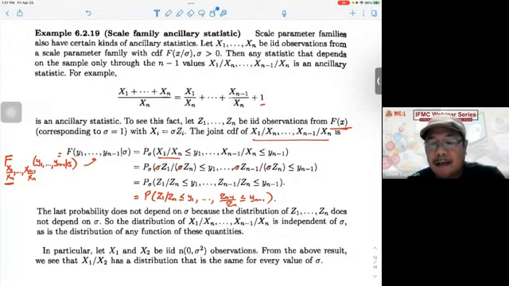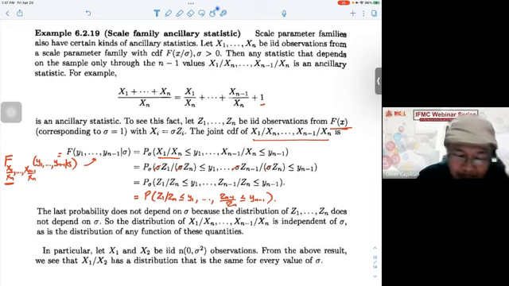Then any statistic which is a function of our sample only through the n minus 1 values, X sub 1 over X sub n up to X sub n minus 1 over X sub n, having this form is also an ancillary statistic.